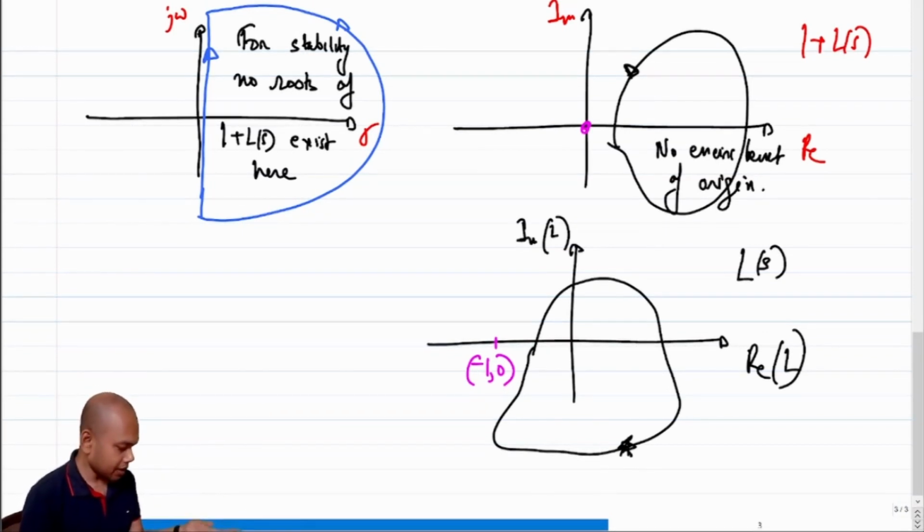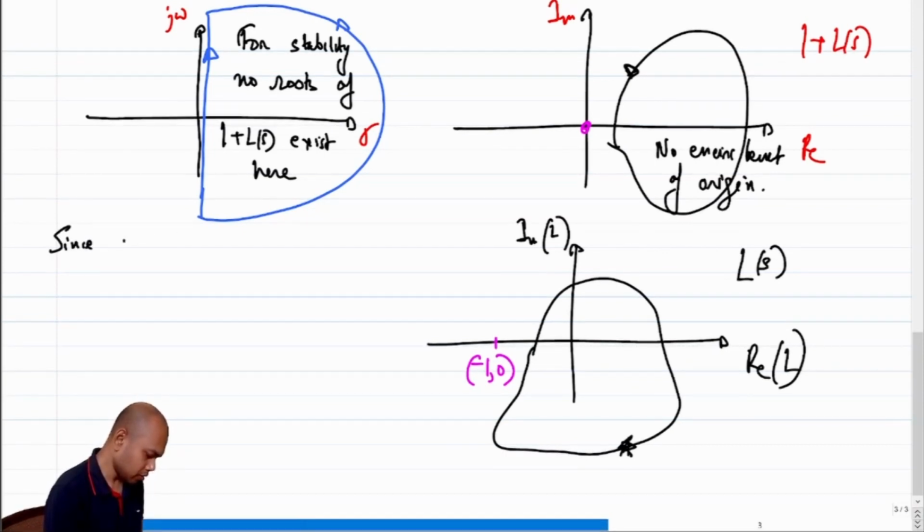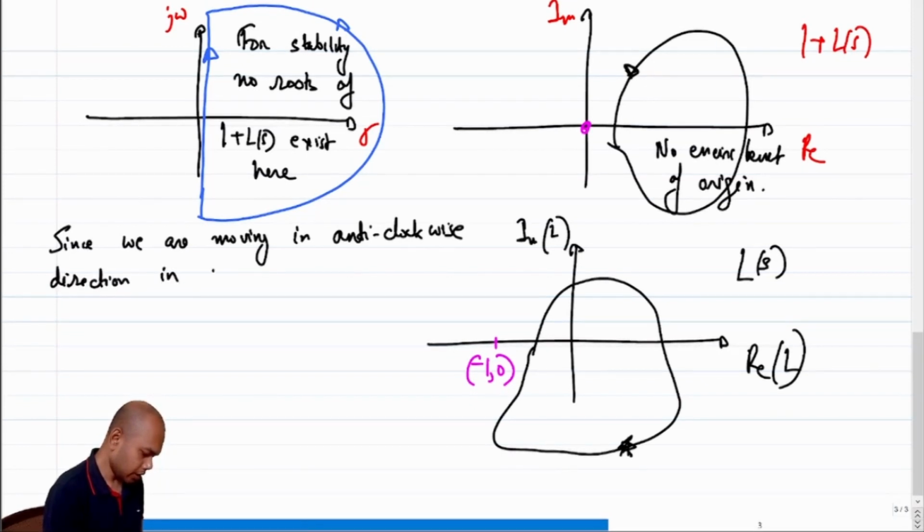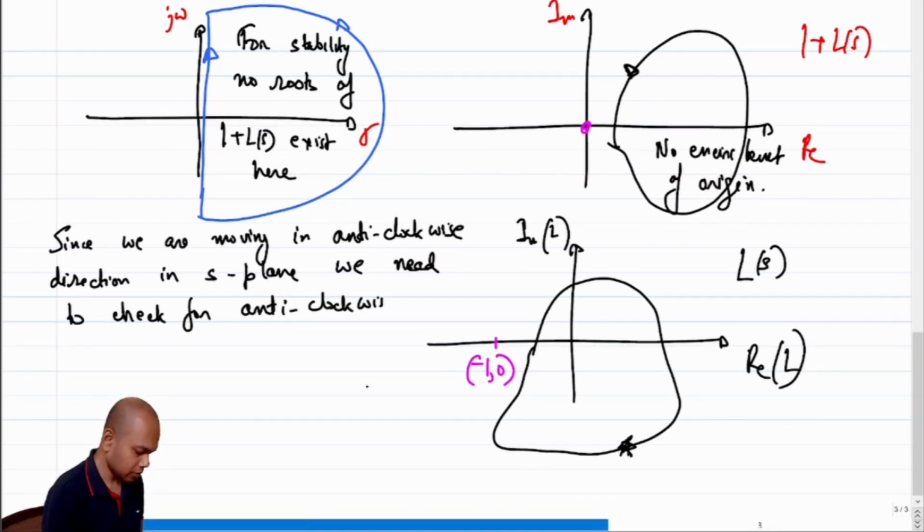What I mean by that is, since we are moving in anti-clockwise direction in S plane, we need to check for anti-clockwise encirclement in the L plane, right?